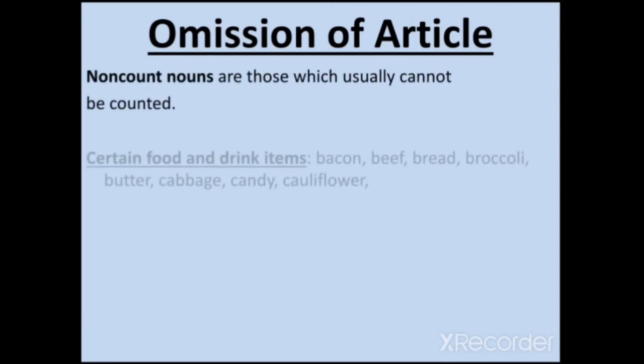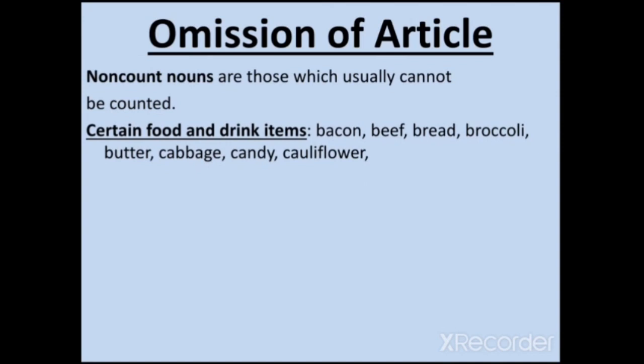So students, now I move towards the omission of articles. What is the omission of articles? Basically, when we do not put any article before some particular noun, there we use omission of the article. For example, for certain food and drink items we do not use any article.